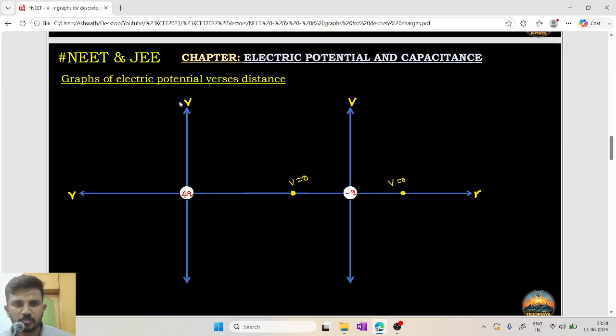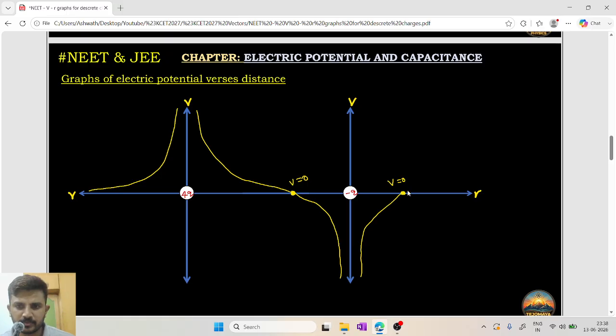Okay, so how to plot the graph? Graph goes like this. This one goes like this. And this side goes like this and meets this point. And this side, the graph will be like this. And it goes in this direction and comes back.